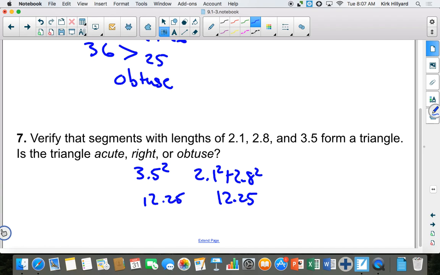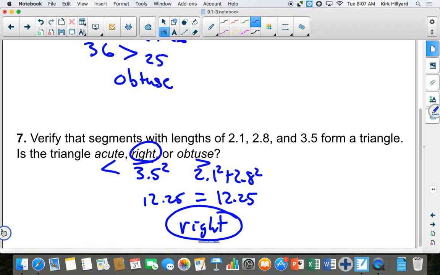So it's not greater than, it's not less than, it is equal to. When it's equal to, that should tell you it's a Pythagorean triple. So it is a right triangle in this case. It's this option right here. So if it's less than, it's acute. If it's greater than, it's obtuse.